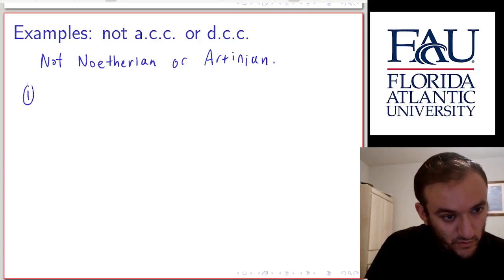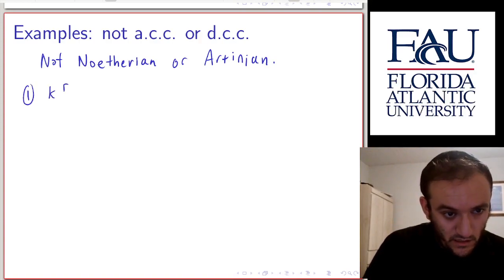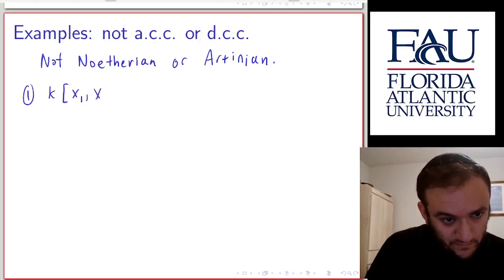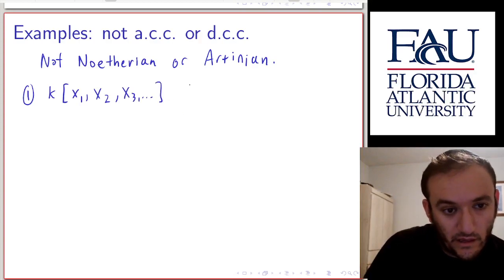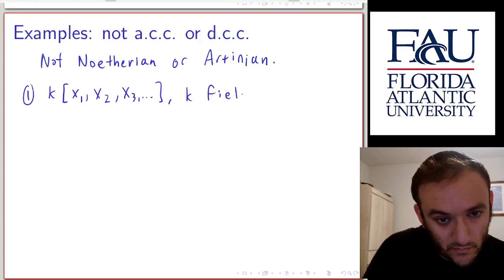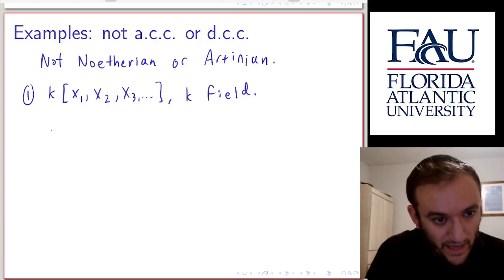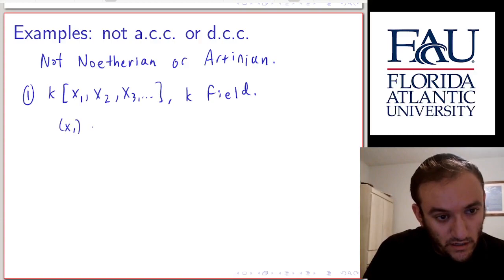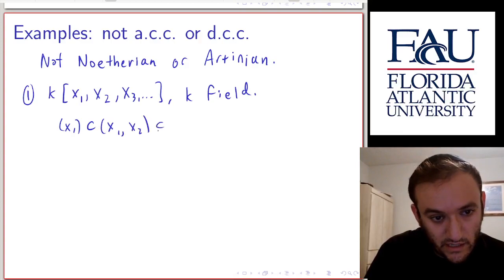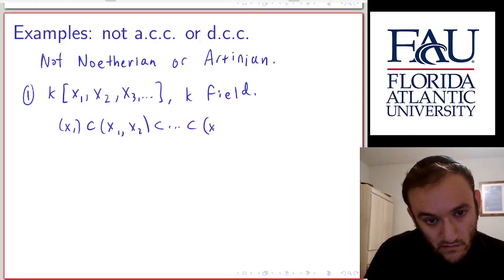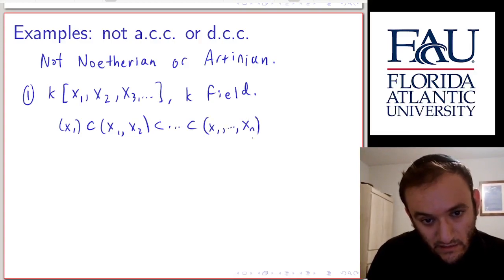One of those would be the polynomial ring in infinitely many variables, for K a field. The reason that this is neither Artinian nor Noetherian is we have the ideal (x1) contained in (x1, x2), contained, etc., in the ideal (x1 through xn), and this is not a stationary chain.